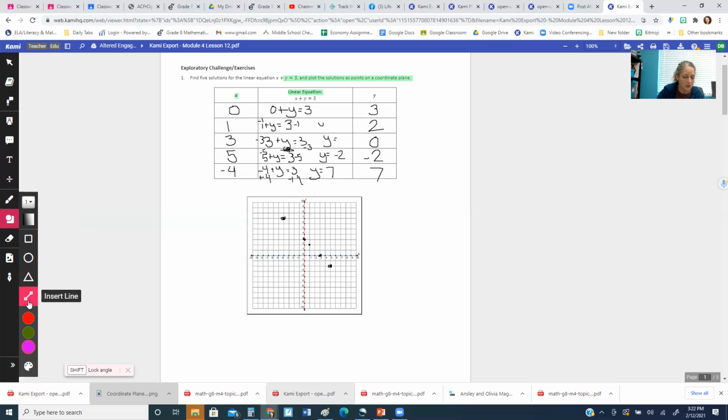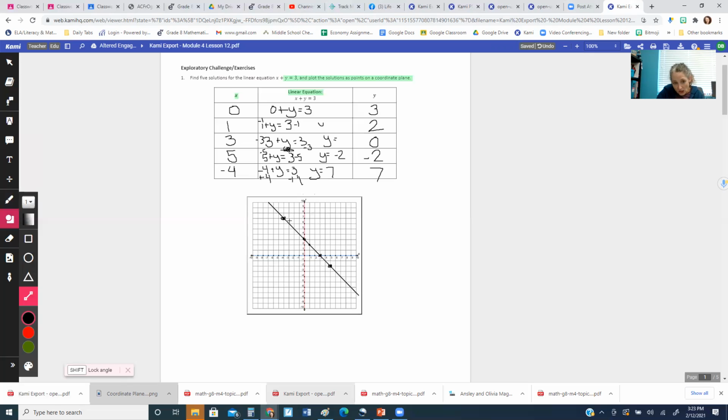I'm going to graph all the solutions of this thing because it's not just those guys. It is all of these points. And actually, this line could keep going forever and ever.